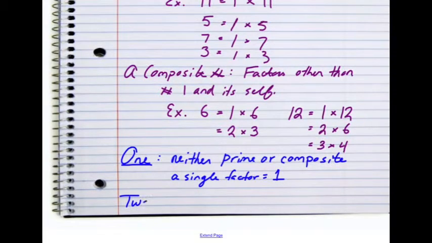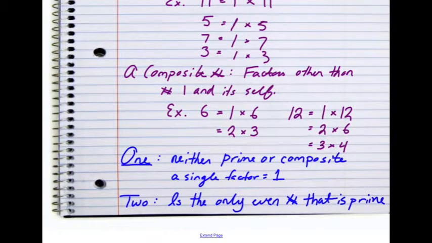Also, 2 is the only even number that is prime. And that's because all other even numbers have factors other than 1 and itself, because they definitely have a factor of 2.